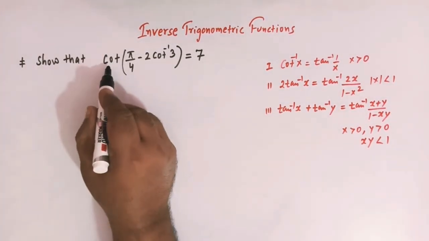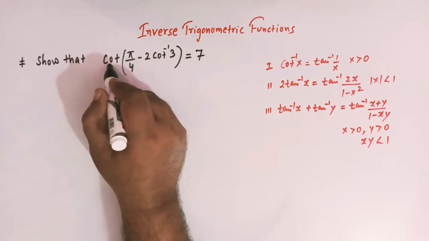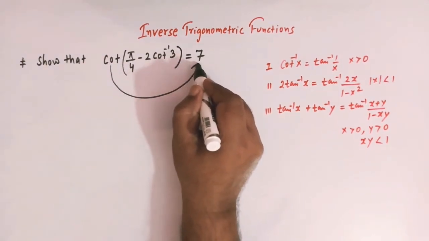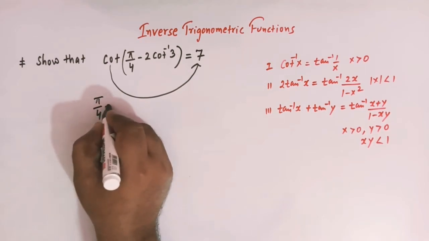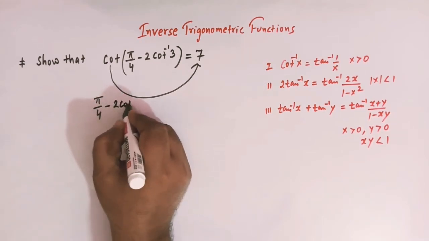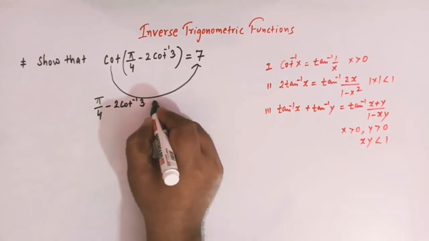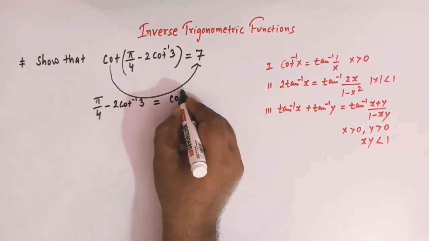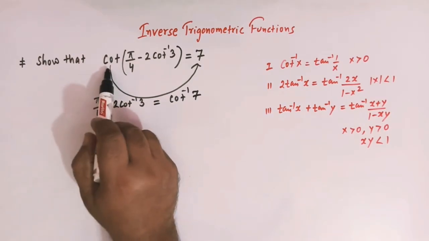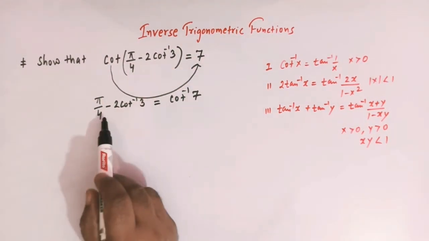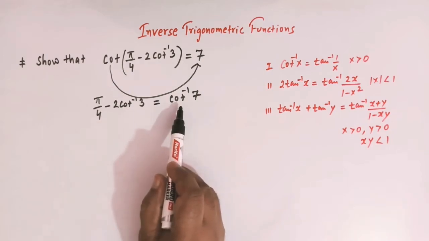Now let us take this cot term to this side. So we can write pi/4 - 2 cot⁻¹ 3 = cot⁻¹ 7. Taking this cot to the right hand side, we have this expression.